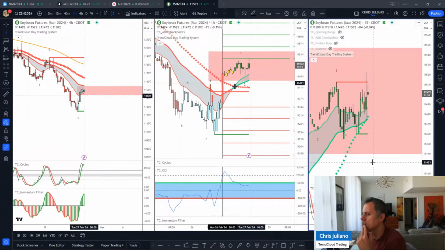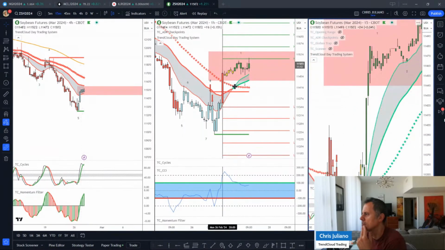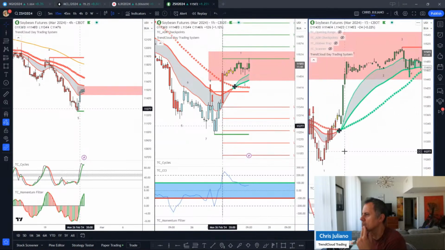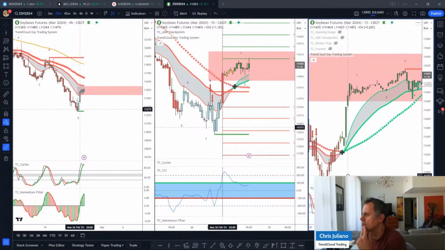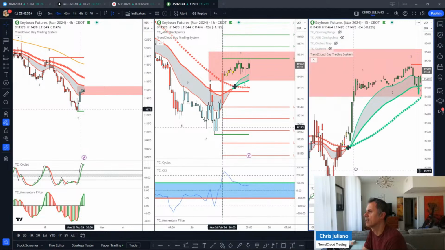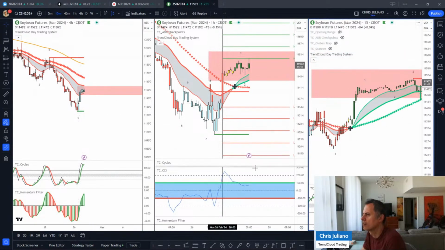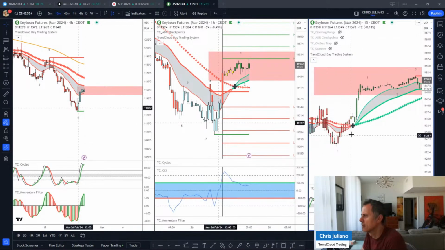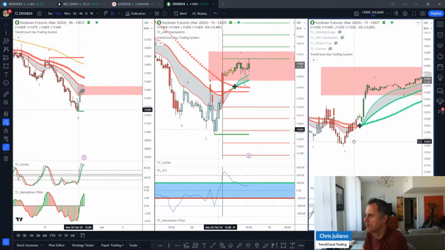Right there. Yeah, we could have got in on this yesterday. If we looked at this yesterday, we could have got in on that the same way we were looking at the Japanese yen. That's the same setup on the Japanese yen.